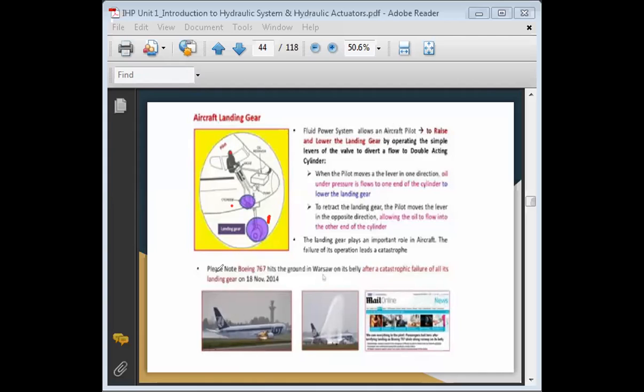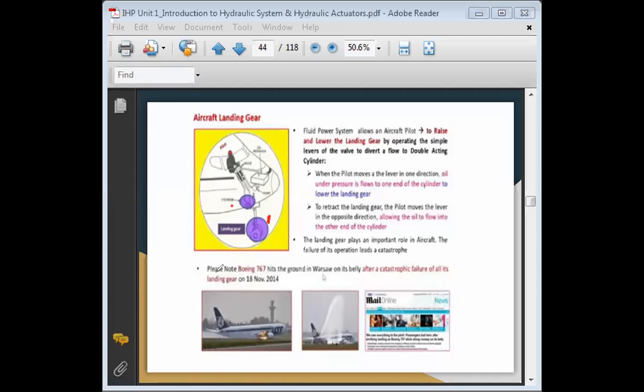See, the accident happened with that Boeing 767. Why did that accident or failure happen? Due to the failure of the landing gear.